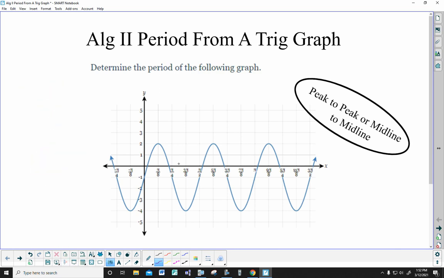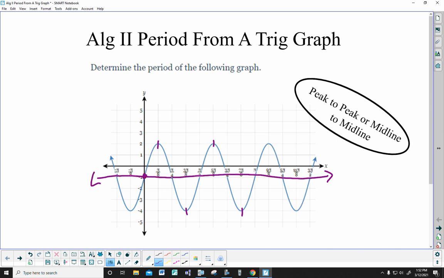So on a trig function, there are two different ways that you can look at this. You either look from peak to peak or valley to valley, or from where the midline hits the midline. I think the midline is right here. You need to be a little bit careful with midline to midline. Let's say I'm starting here.